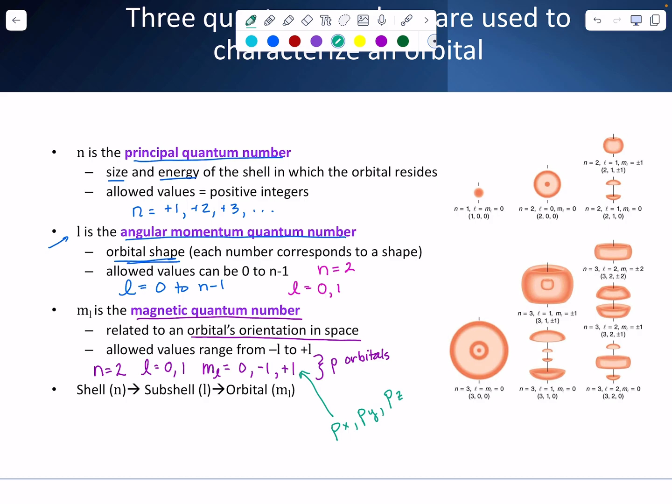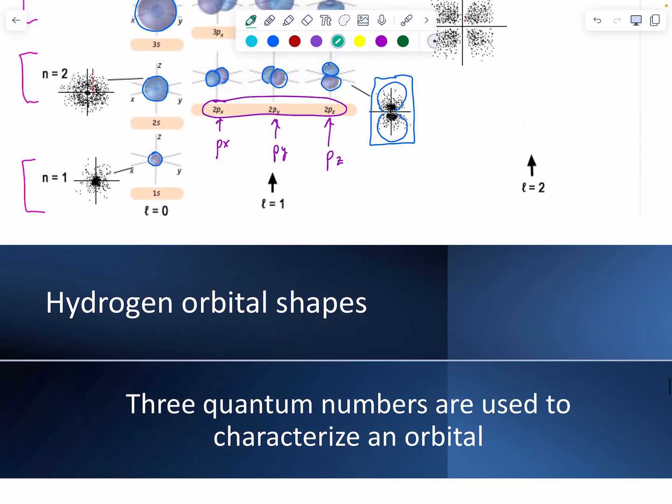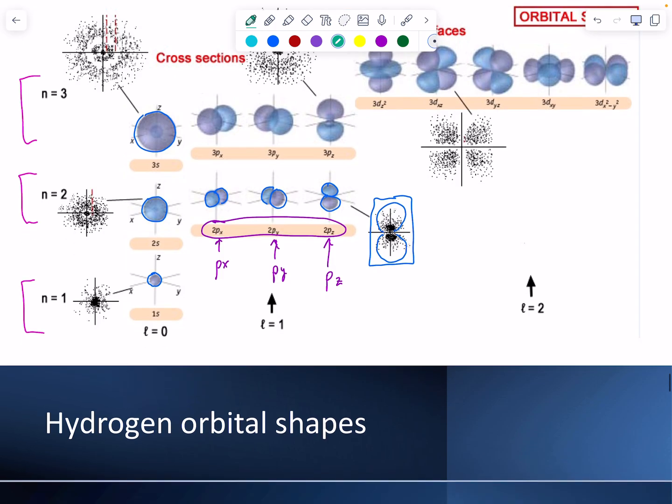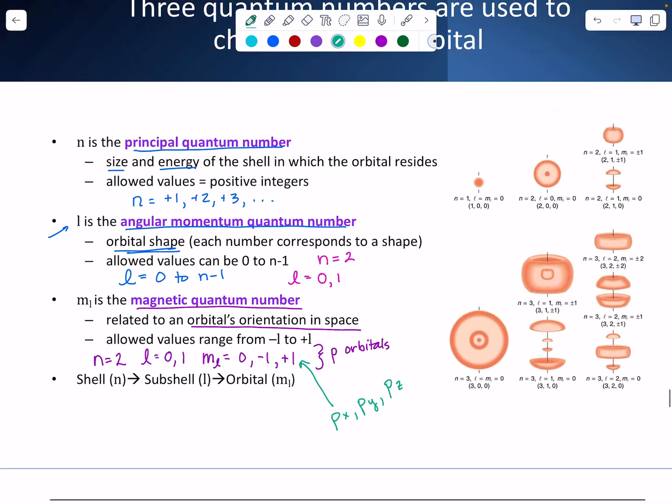So for the shapes that we get, if L is equal to 1, we have a P shape. And if L is equal to 0, we have an S shape.